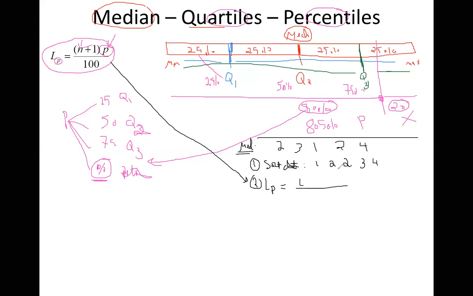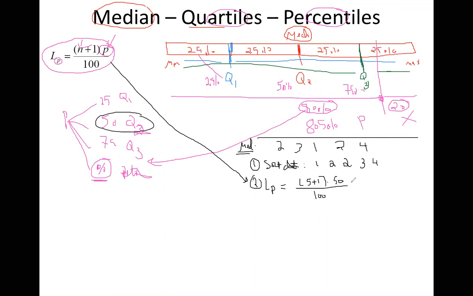What is the value of n? 4 or 5? It's 5. 5 plus 1, it will be 6. So we have the number of values 5, n plus 1 times p, where p for the median or Q2 is 50 divided by 100.